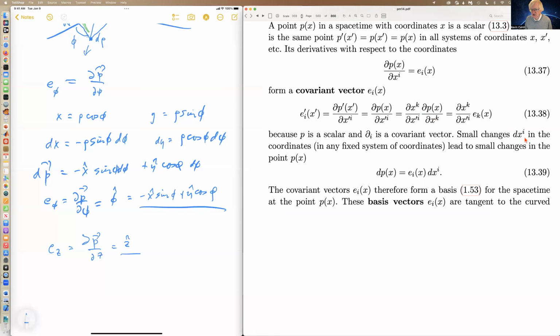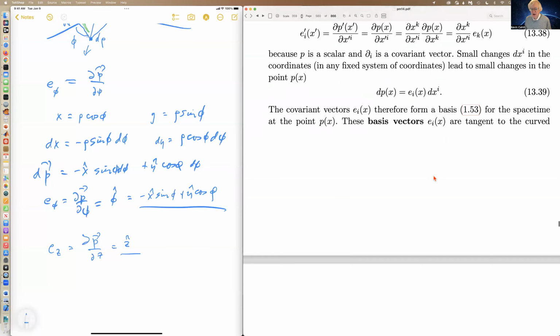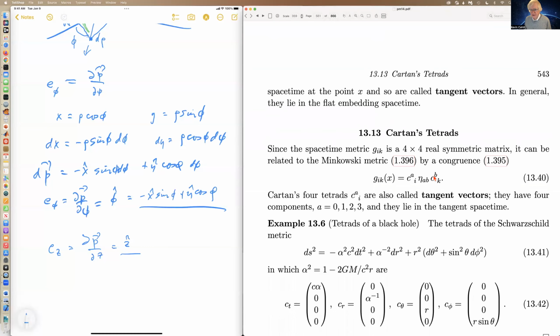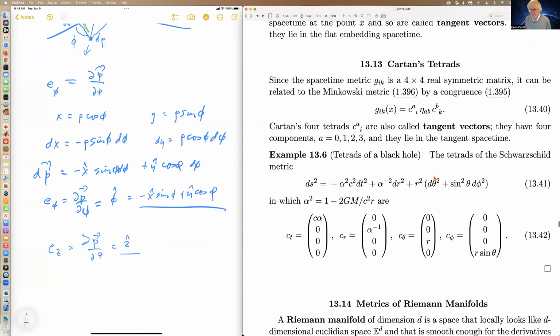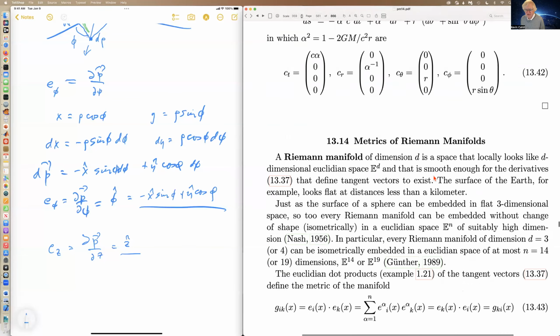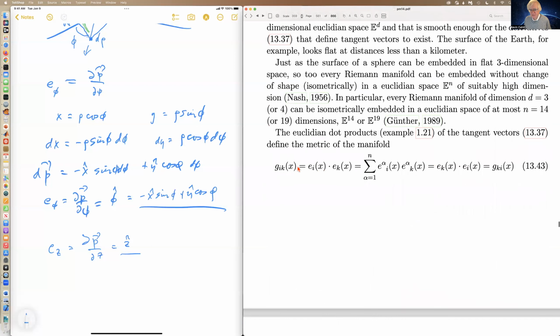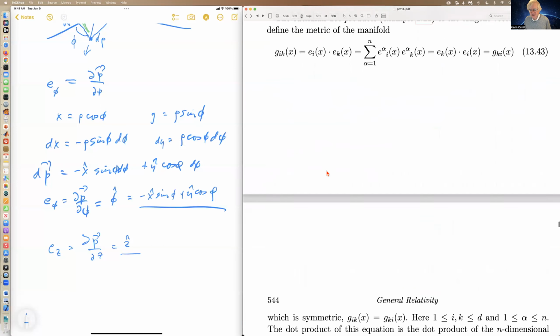So small changes in the coordinates give you a small change in the physical point, and they would be the basis vectors times these changes. What one can think of then is the dot product of these.